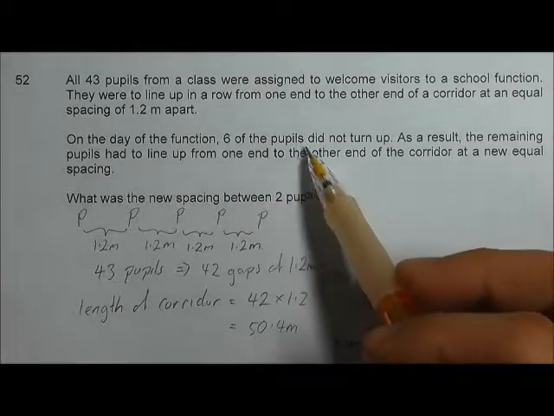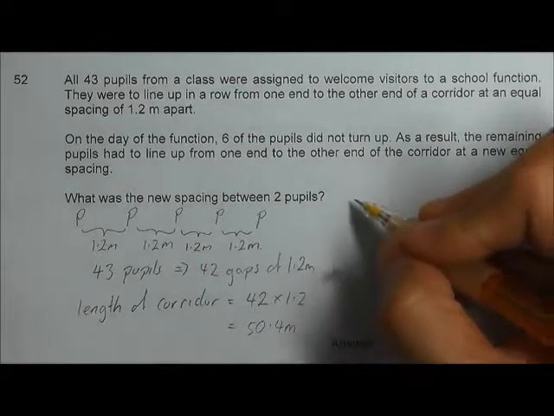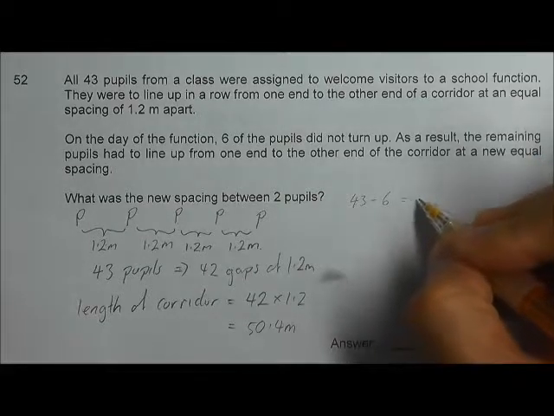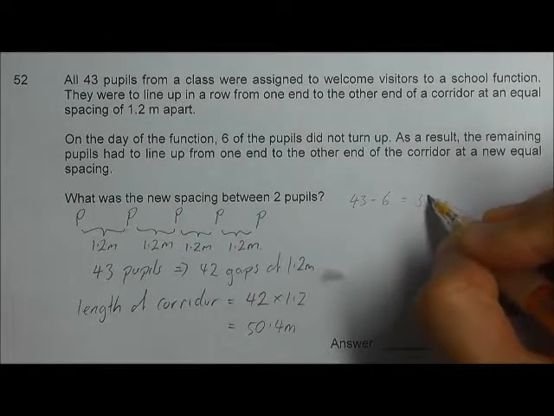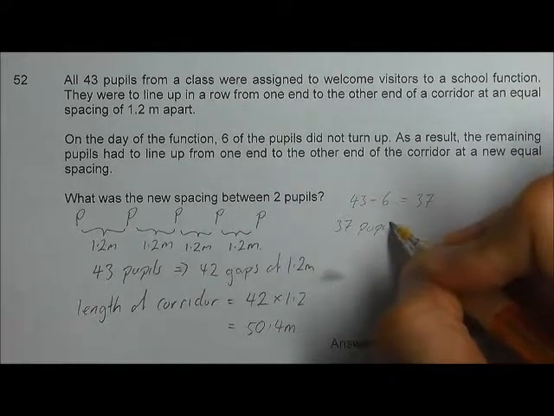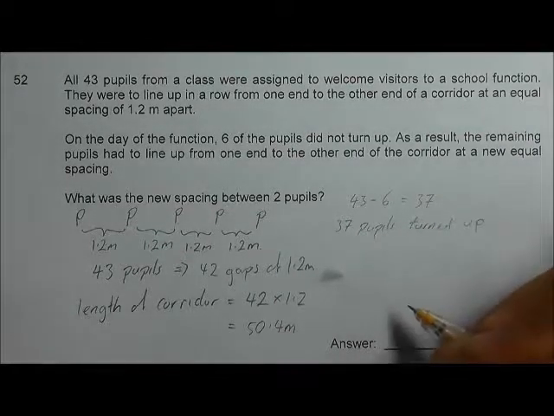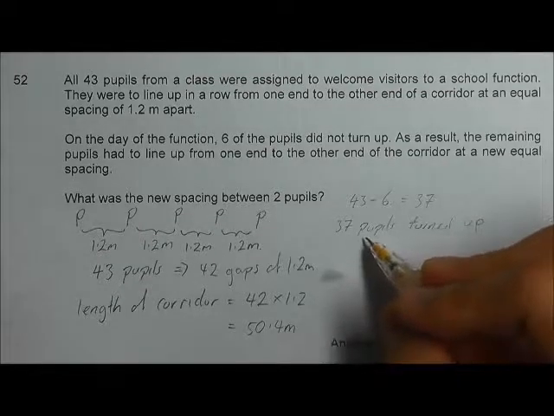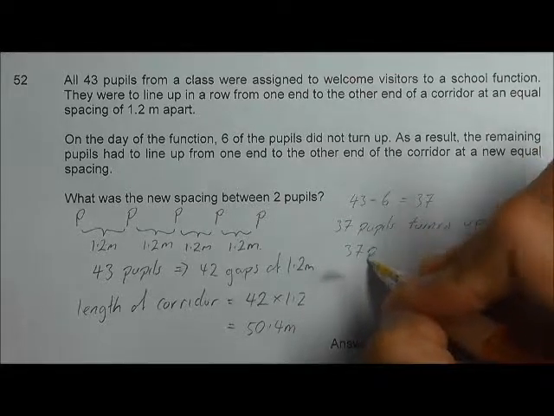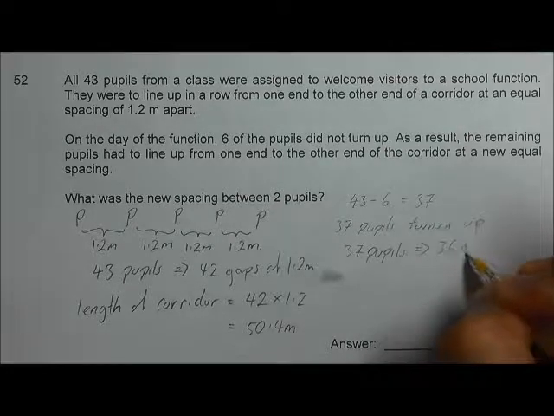Okay, so now 6 pupils did not turn up on that day, and we will be only left with 43 minus 6, which is 37 pupils. Okay, so 37 pupils turn up. So if we have 37 pupils, there will be 37 minus 1, which is 36 gaps.